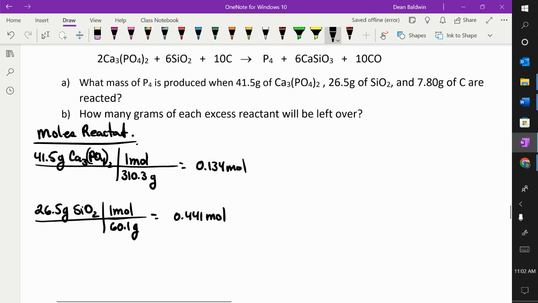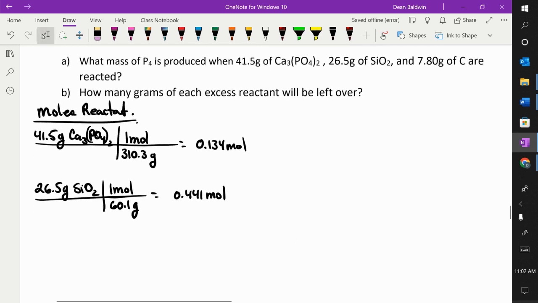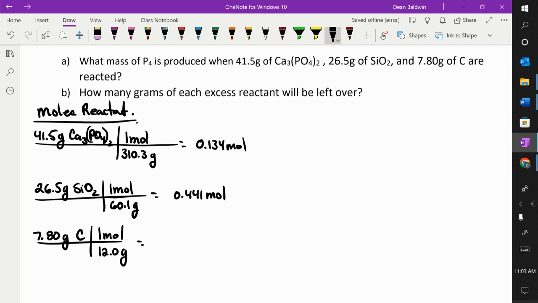And then carbon, 7.80 grams of carbon. Carbon's 12. 7.8 divided by 12 is 0.650.